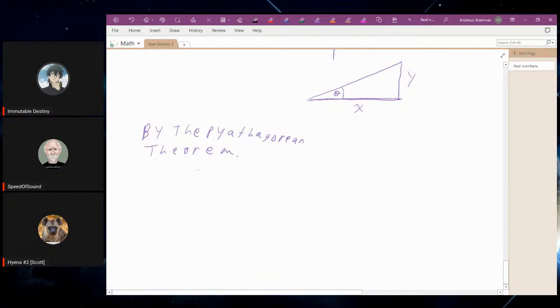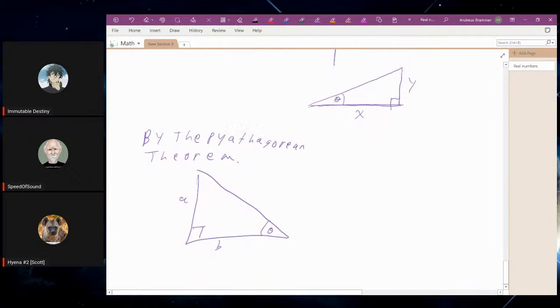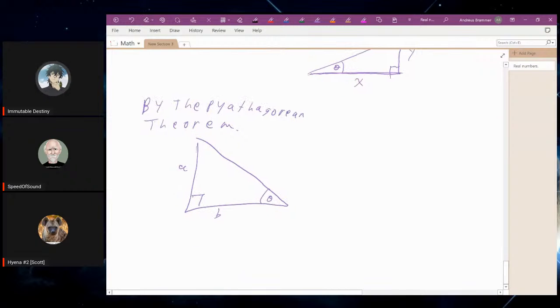Yeah, but what the Pythagorean theorem essentially states is that if you have two sides A and B, and this is a right angle triangle, and this actually is, because the x and y axis meet at a right angle, they meet at 90 degrees, then what is true is the following.